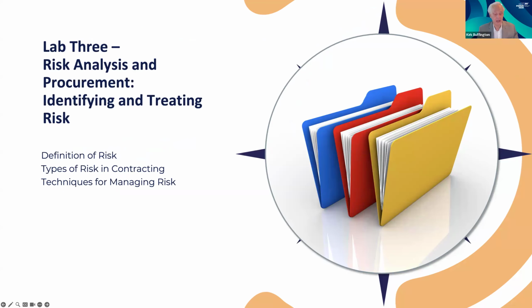Lab 3 is about the process of defining risk, the types of risks that we have in contracting, allocation methods, mitigation methods, and assessments. It should always be a full circle, 360 degrees, where you come around to reviewing what you did.